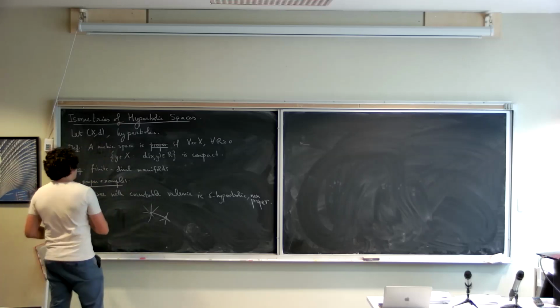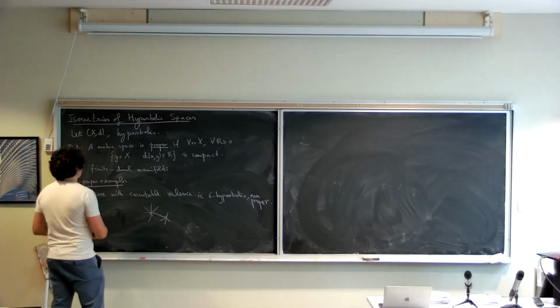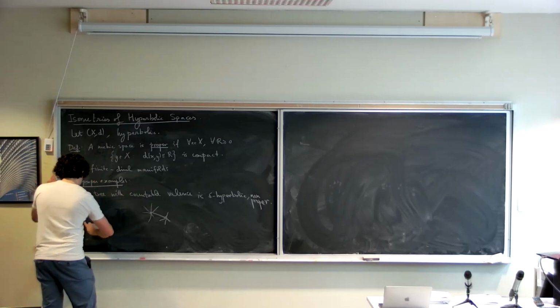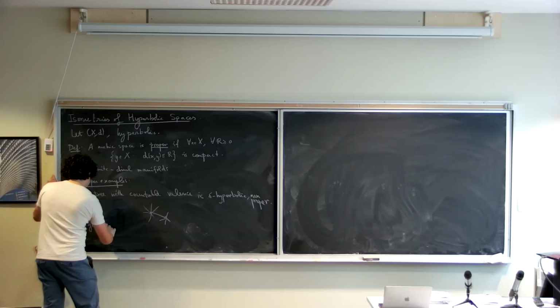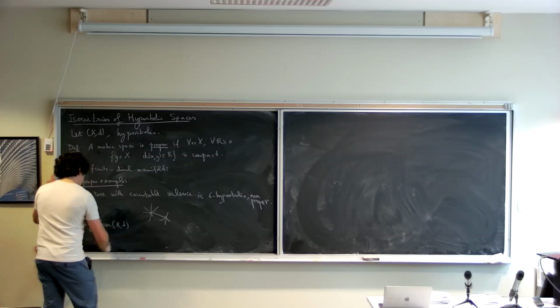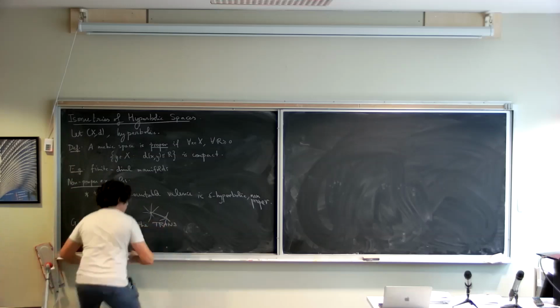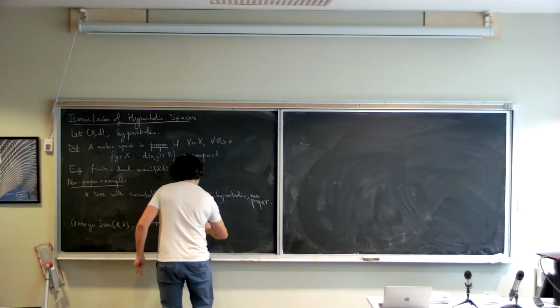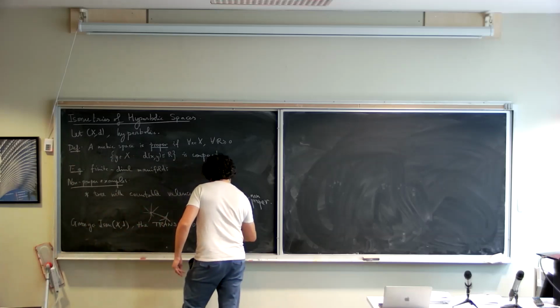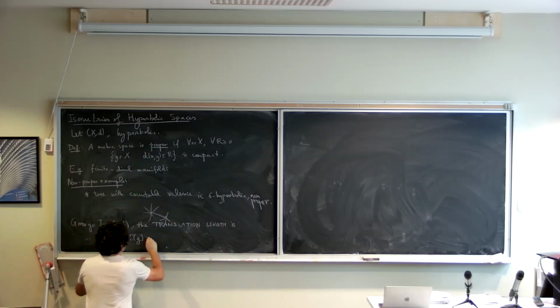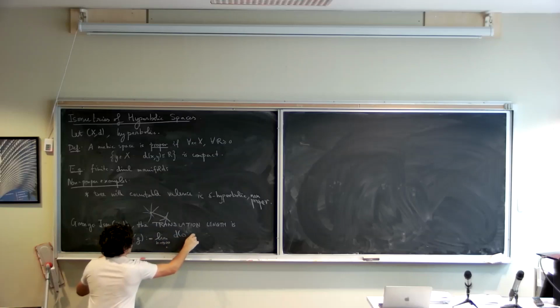Now the other thing is for isometries. Given G in a group of isometries of this X, we consider the translation length, which we denote as tau of G. And this is the limit as n goes to infinity of the distance between O and G^n O divided by n.